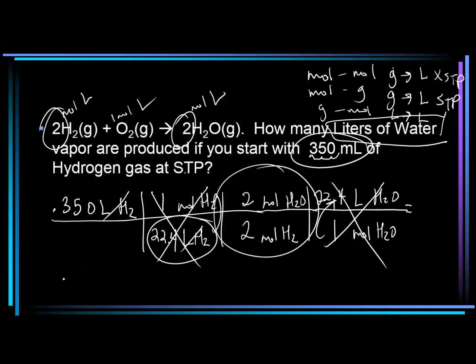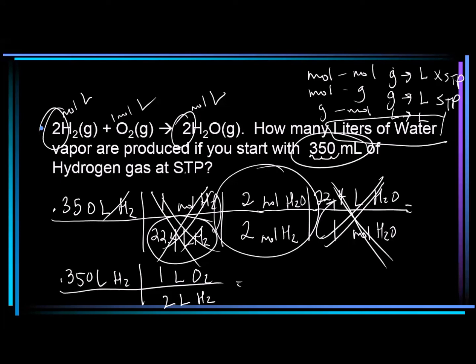Yes, in that case, but in other times it'll change. If we were converting to oxygen, then 2 liters of hydrogen will react with 1 liter of oxygen. Okay. We don't have to do the 22.4 because they cancel out.